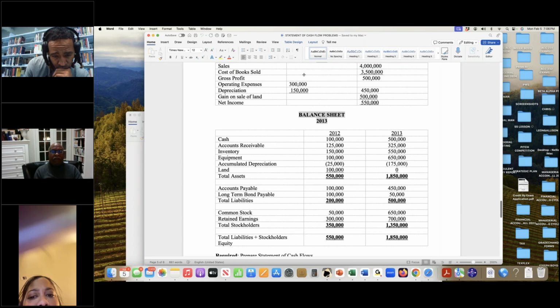Yeah, but you're not working with stockholders' equity. You work with common stock and retained earnings. Just like you're not working with total assets, you're working with each one of these accounts. So in that problem, you're looking at cash. What was your change in cash? What's your answer?